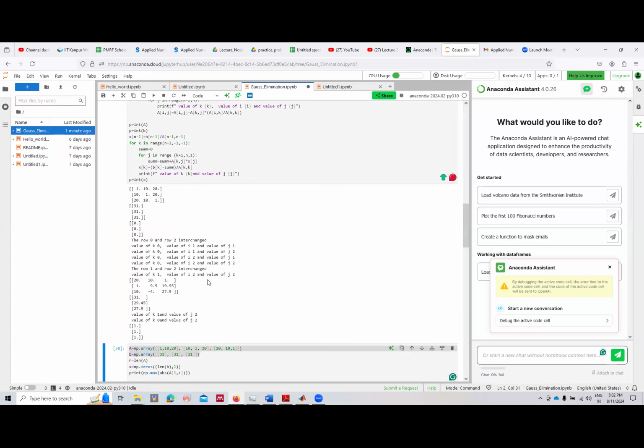So when it got run the first time, row 0 and row 2 interchanged, meaning the first row and third row interchanged. Then row 1 and row 2 interchanged in the second round.